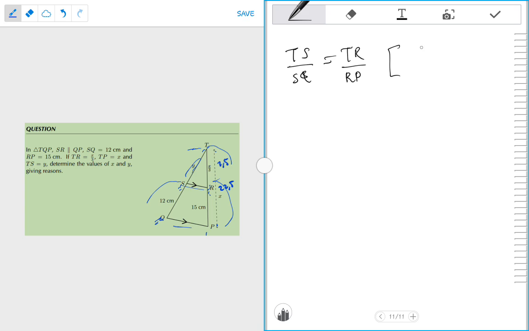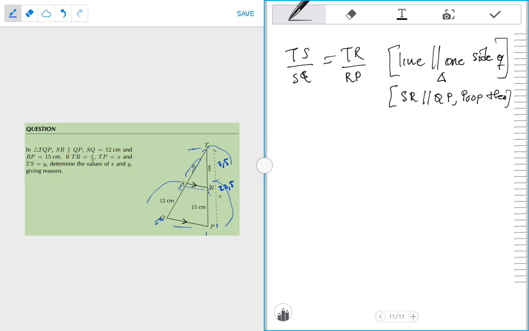The reason is a line parallel to one side of the triangle, or as I said, you can still say SR parallel to QP, then it is the proportional theorem.